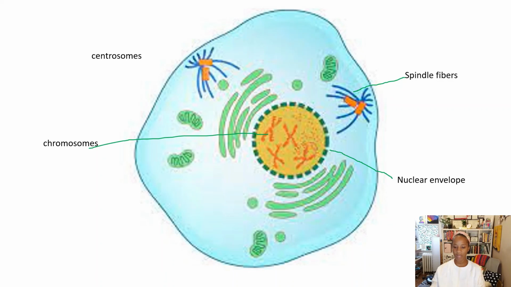These are made out of tubulin, from microtubules, and they are organized by these centrosomes, which are these orange pieces here. These centrosomes direct the poles of the cell, so they tell the cell which side is east and which side is west, so that when division occurs, it knows which parts it is pulling towards to create the two new daughter cells.